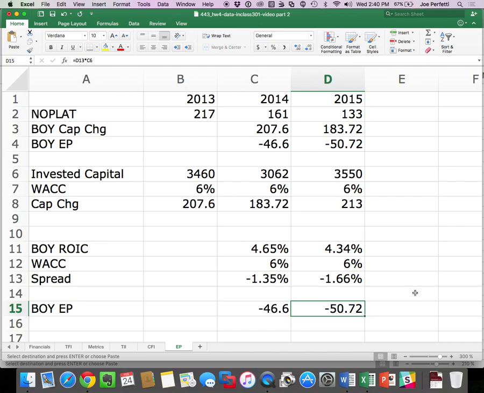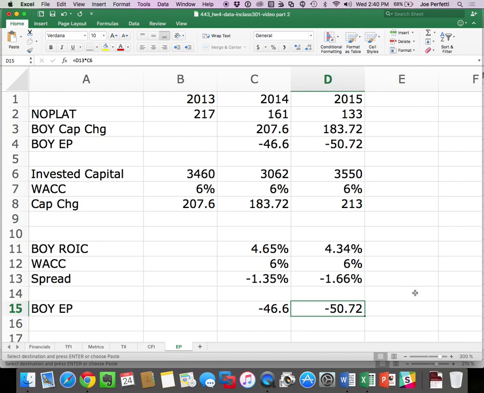If they continue on with a negative spread at this rate, will this company go bankrupt? Yes or no? And what supports your conclusion either way? And you'll probably have to go beyond this page to answer that question.